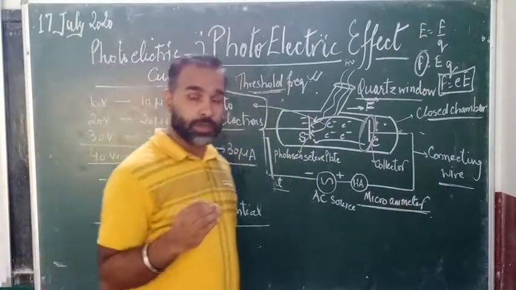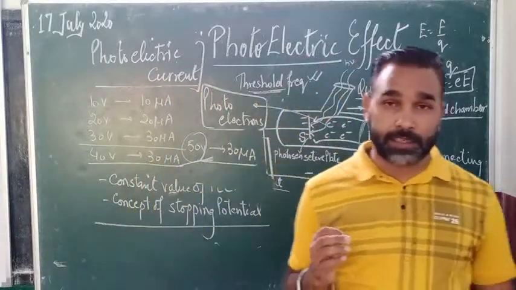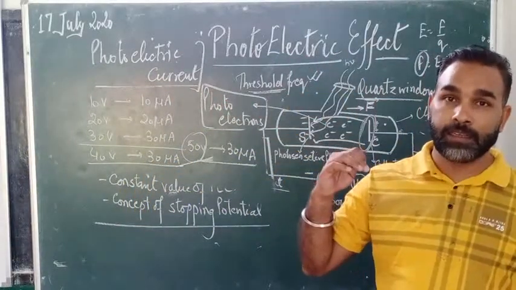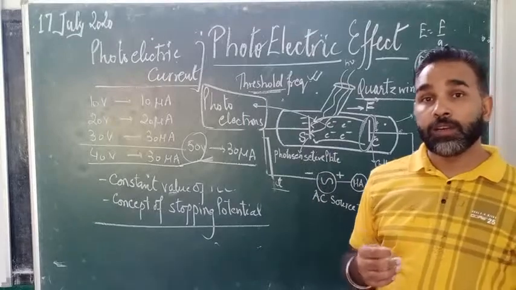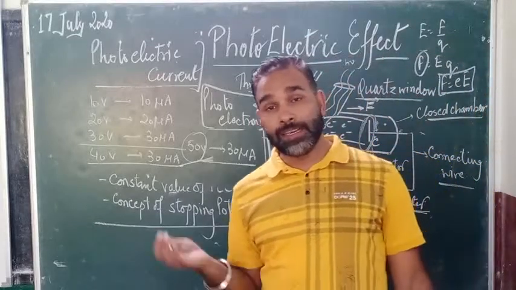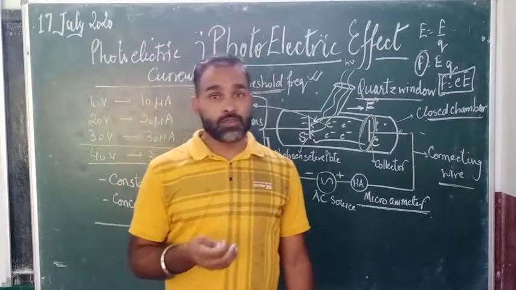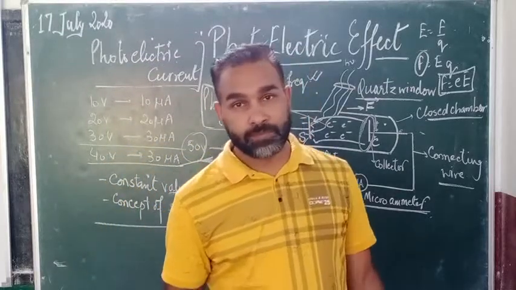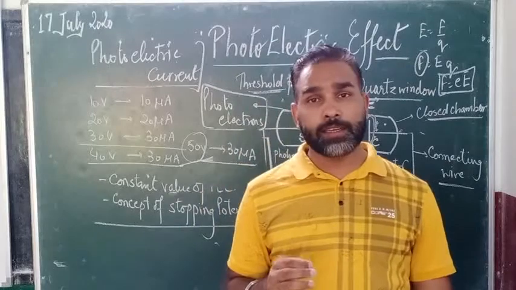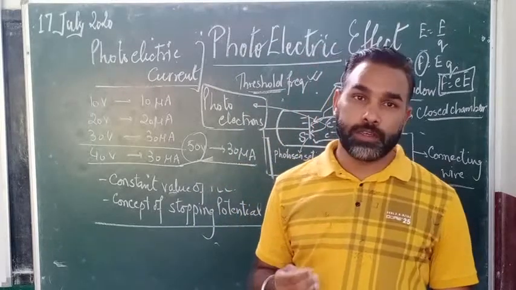Okay, so photoelectric current is not such that it keeps on increasing, because it depends upon the photoelectrons. When the number of photoelectrons is fixed in a metal surface, at a certain time the photoelectric current will also become constant.